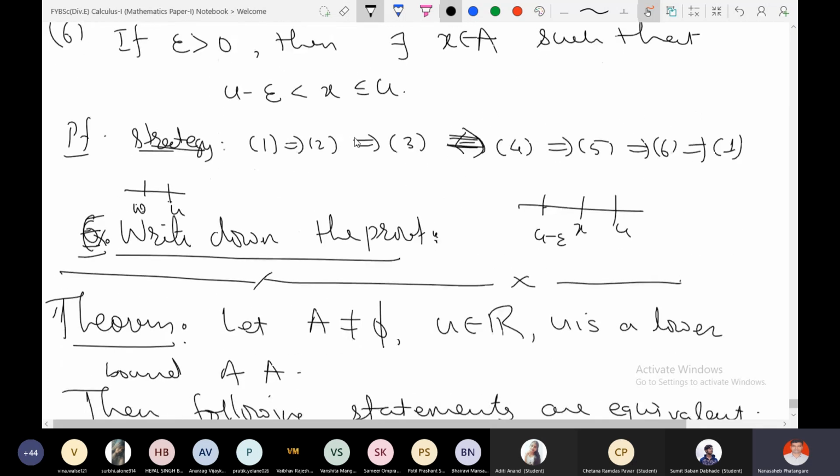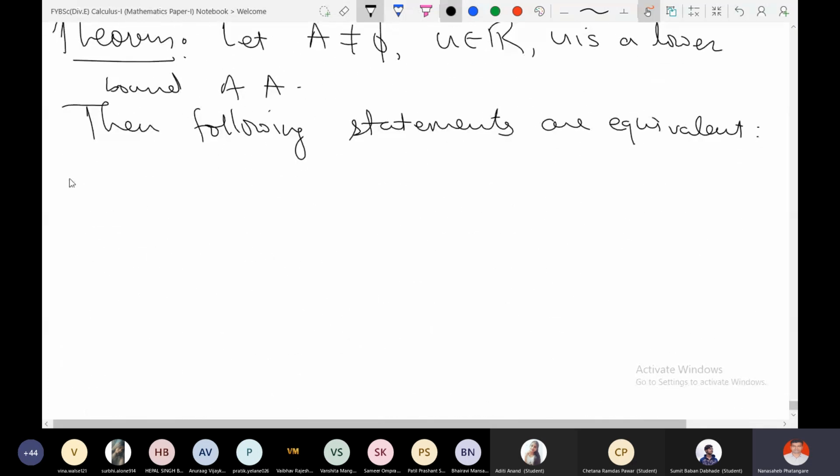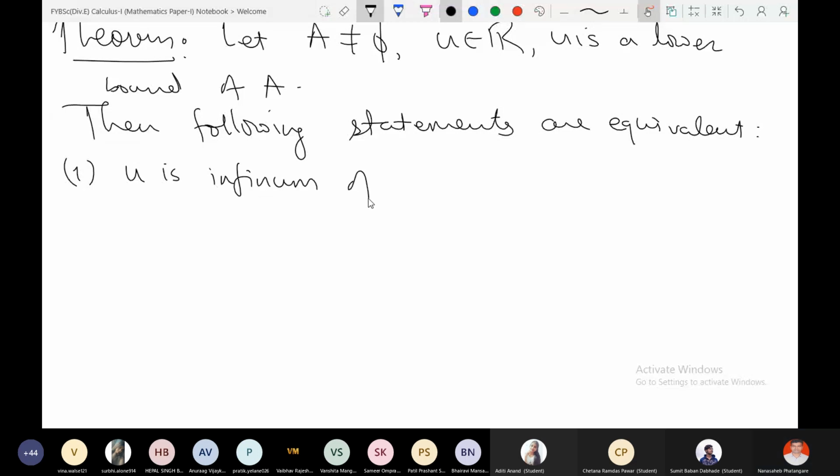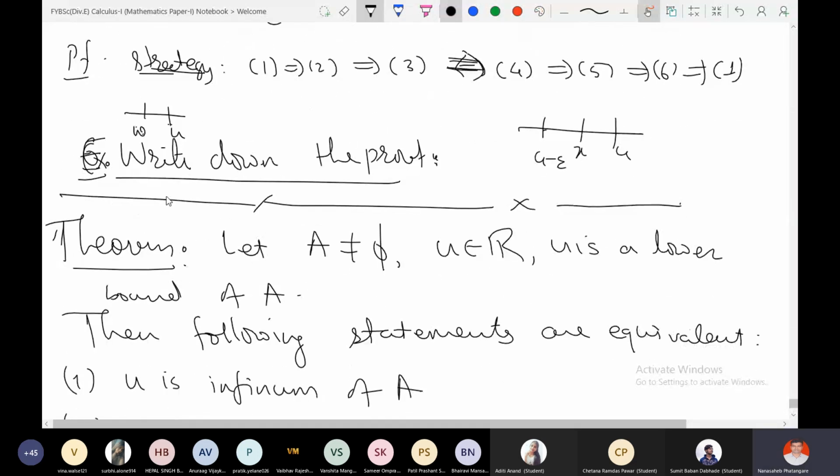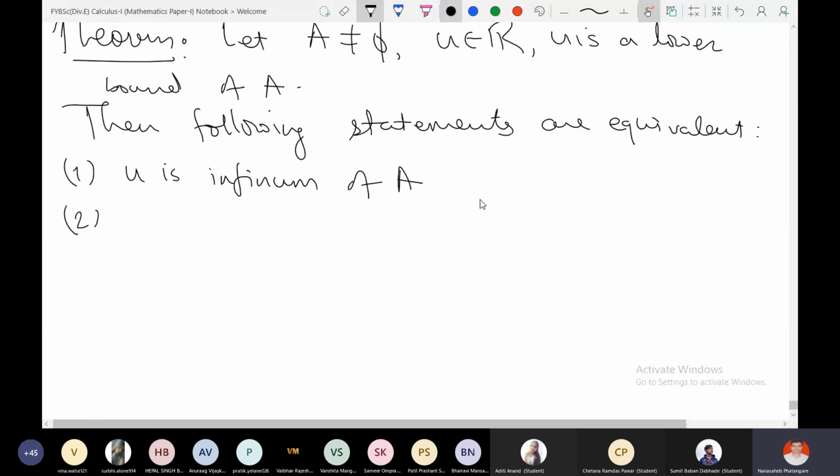Similarly, what are the equivalent statements for infimum? So U is the infimum of A. Now, can you tell me what the corresponding second statement is, which is equivalent to this infimum?